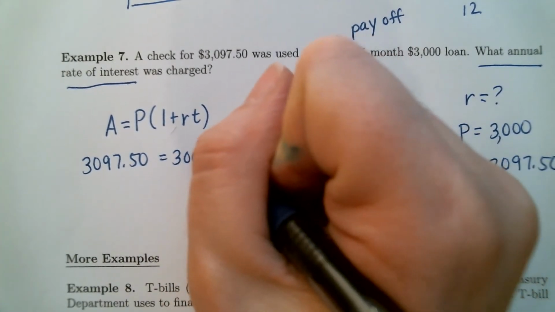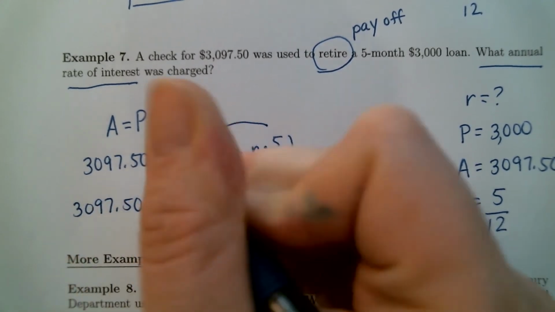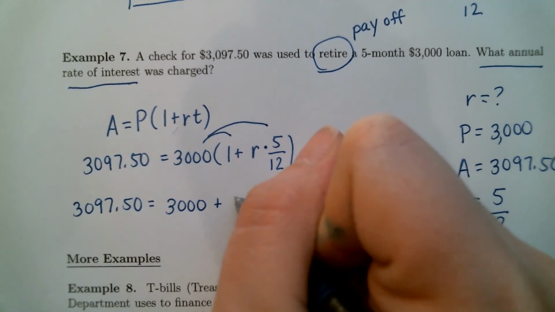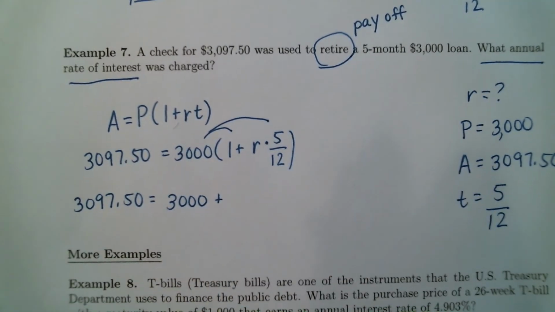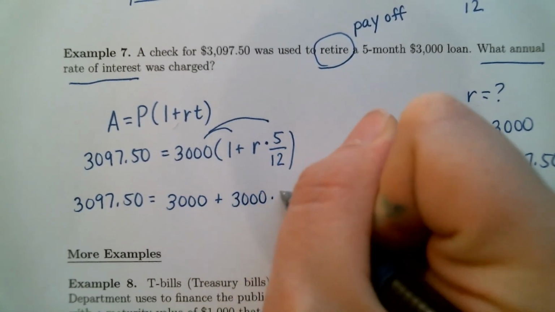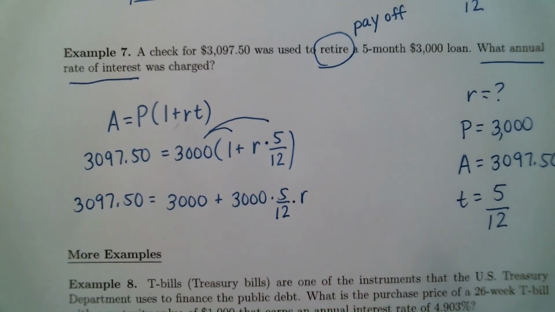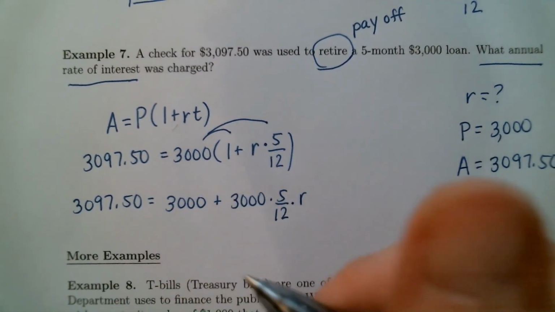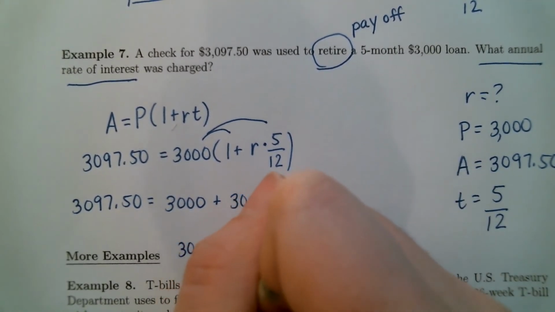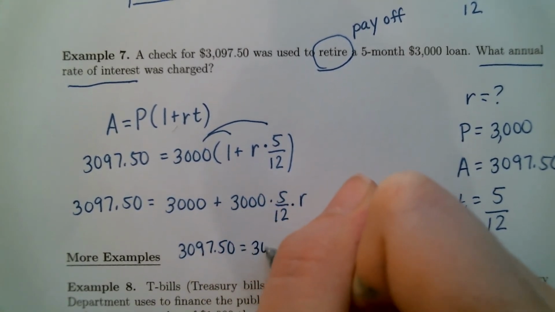So if we did that, we're going to get $3,097.50 is equal to 3,000 plus, I'm just going to reorder here because we're multiplying, so order doesn't matter, 3,000 times 5/12 times R. And so then these numbers right here will simplify. So you'll get $3,097.50 is equal to 3,000.